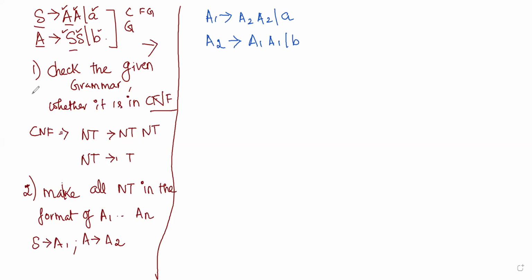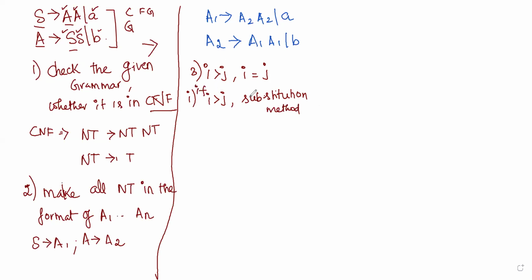So this is your second step. Now the third step. What is your third step? Now check whether I is greater than J or I is equal to J. First we'll solve for I greater than J. First I'll tell you the procedure, then I'll explain what I and J are.